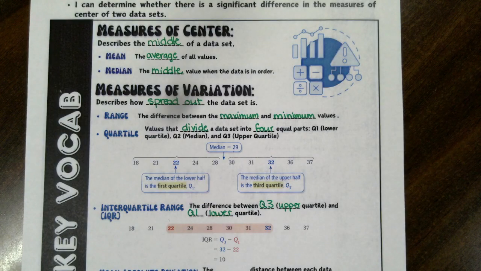Interquartile just means within those quartiles. So we take Q3, which was 32, and subtract Q1, which was 22. 32 minus 22 is 10. That's how we would find the interquartile range.